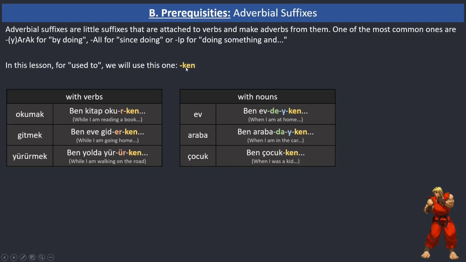The ken suffix is used with verbs and with nouns, and in each case it means something else. When you use ken with verbs, it means basically "while". Ben kitap okurken, while I'm reading a book. Ben eve giderken, while I'm going home. Ben yolda yürürken, while I'm walking on the road.